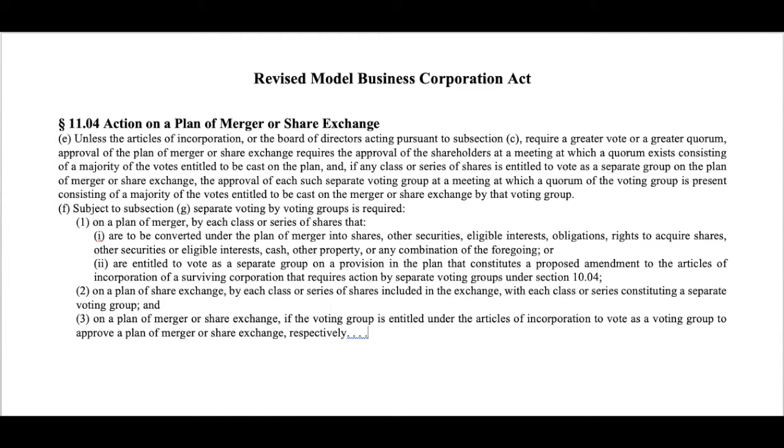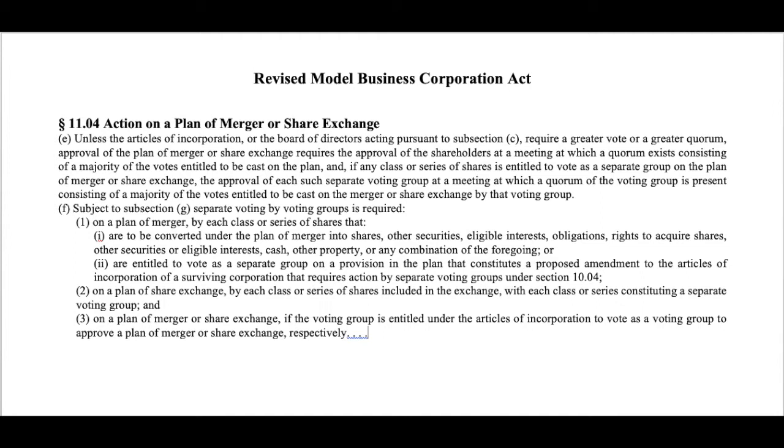However, 11.04(f) tells us that there are certain cases in which particular groups of shareholders are entitled to vote as a class, and that means that that class has to also approve the deal. Independently of the larger majority, that class has to approve the deal by a majority of a quorum of that class.